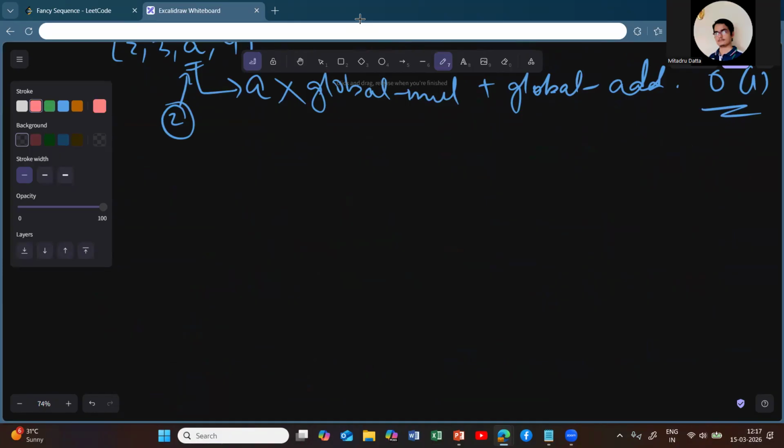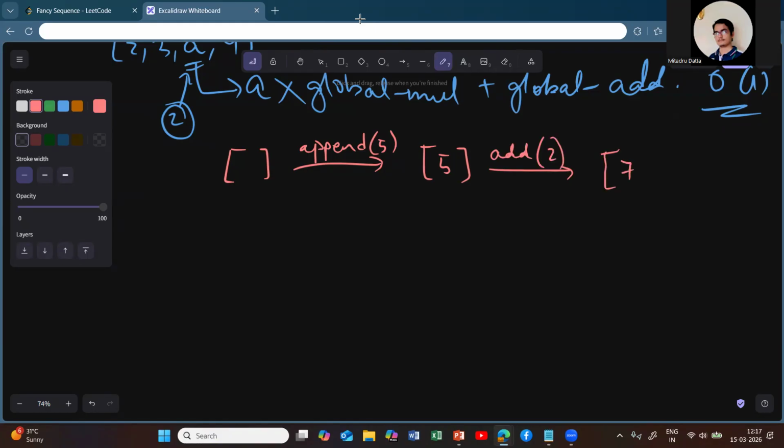Initially we have an empty sequence. Let's say one function you did was append of 5. Now your sequence has 5 in it. Now you do something like add all of 2. Now your sequence has 7 in it.